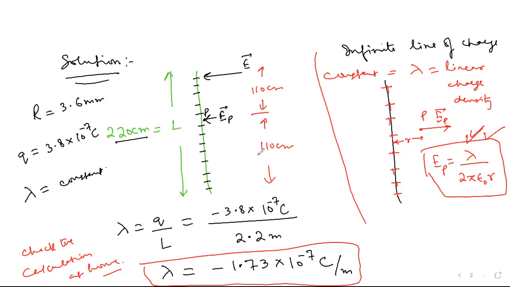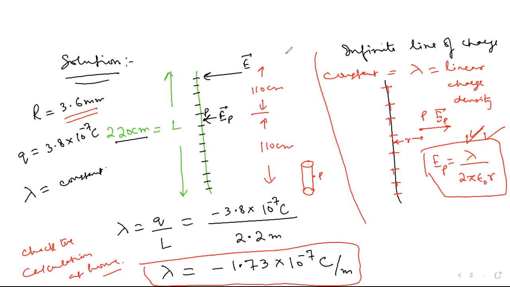what is my R? My R is the radius, because I am at the surface, measured from the center of the rod. Situation is like this. This is my rod. I am at the surface, at the center of the rod, and this is my radius.